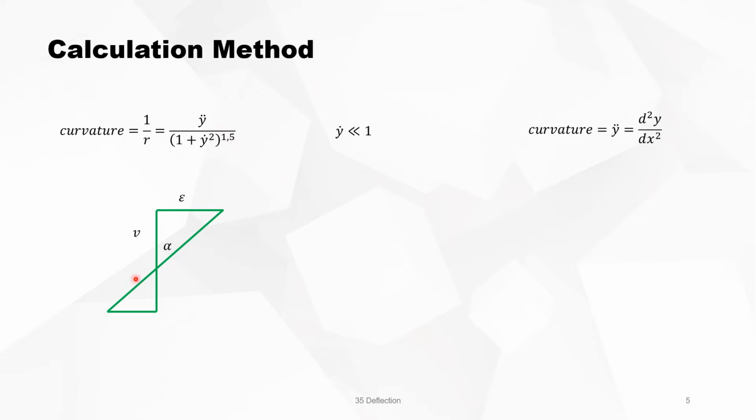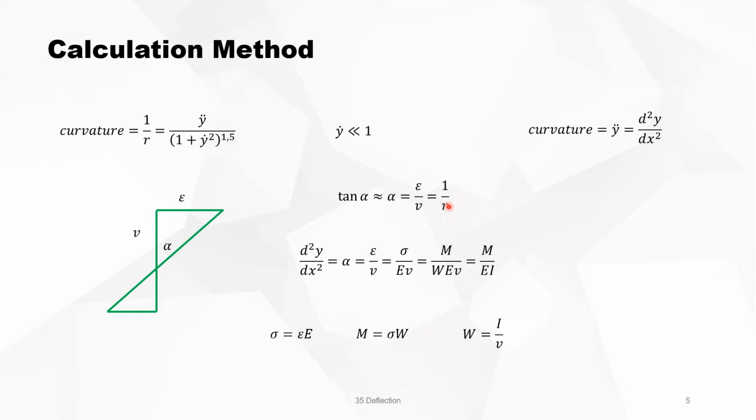We look now at the beam, a section before loading and a section after loading. If this is the angle alpha and the depth of the neutral axis is v, then when the first derivative is small, tangent alpha is equal to alpha when expressed in radians. Alpha is then epsilon divided by v, and alpha is the curvature, 1 over the radius.